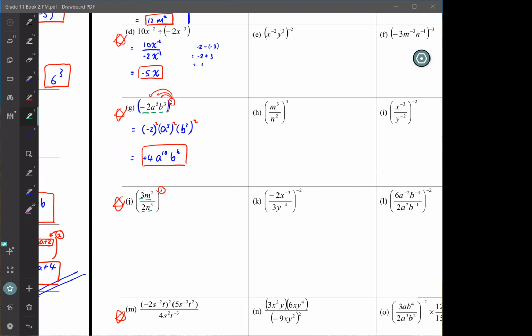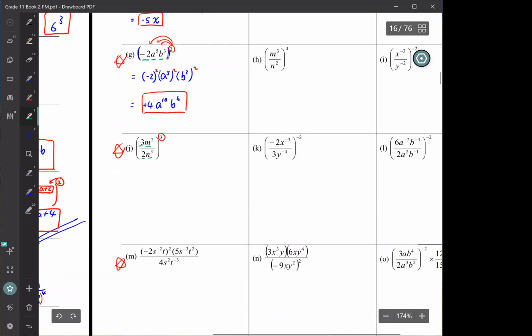Question J. This one doesn't have any negative, okay? Should be pretty easy. Should be done in less than a minute, right?